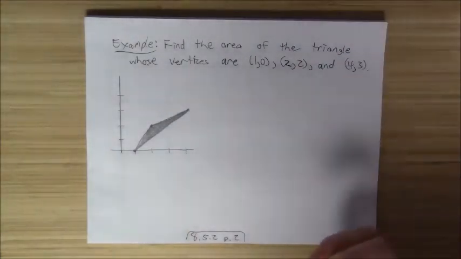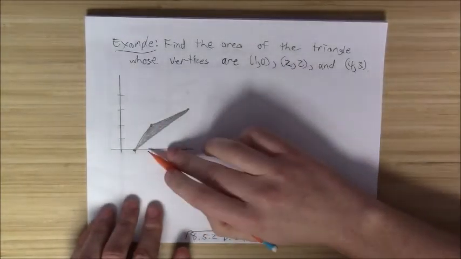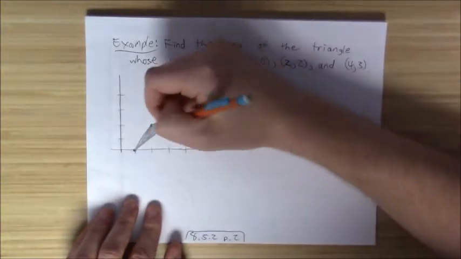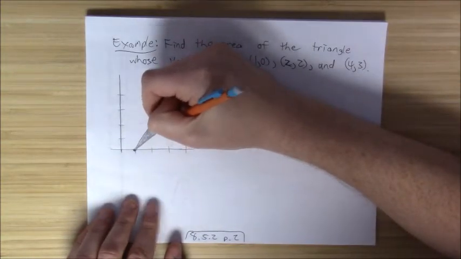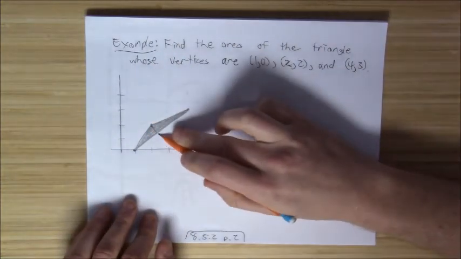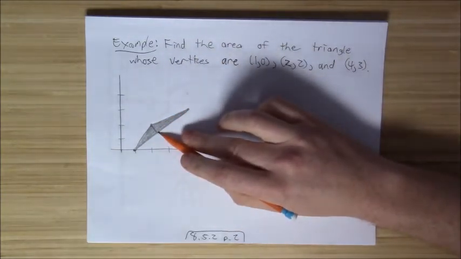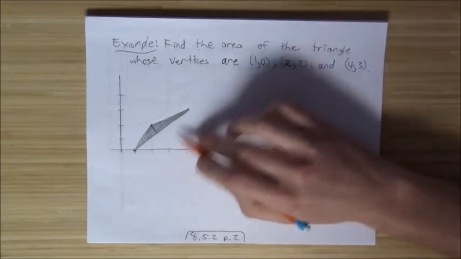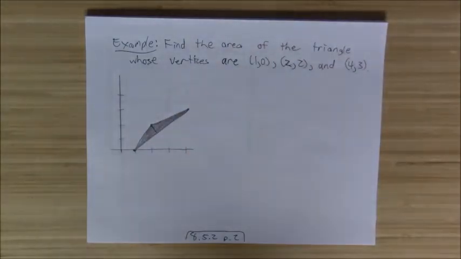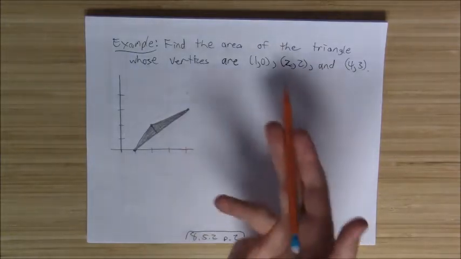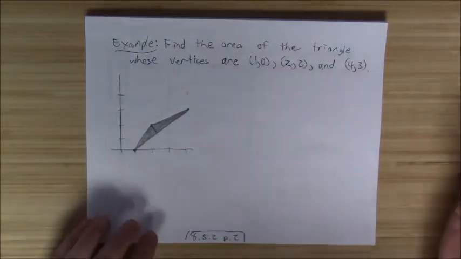Well, the problem is that while one of these lengths can act as your base, for the height you would have to know what that distance is, and it's not clear what that point is. It's not really the midpoint there, right? So you'd have to figure that out, and you're going into a whole other thing just to find the height. Here, it's nice because now you just have a formula you can use.